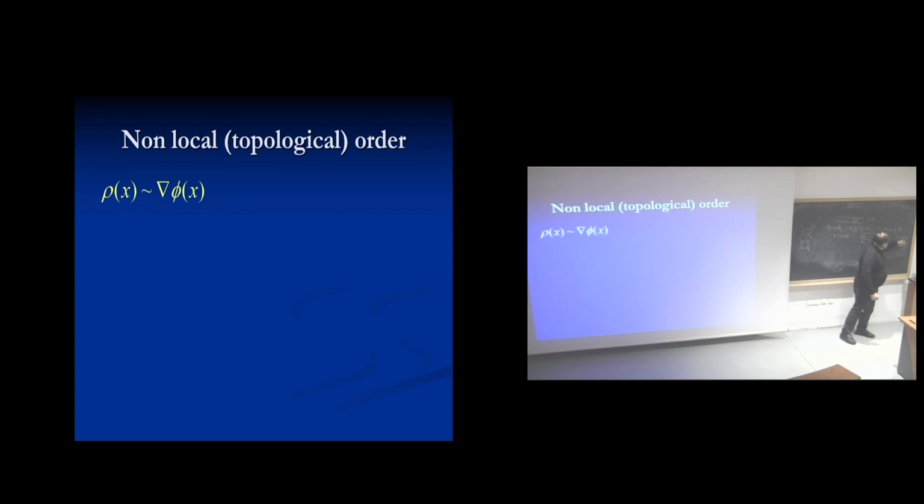So you only have access to cosine 2 phi. But if you have a non-local probe, you can remember that the density rho of x is sort of 1 over pi grad phi. So phi is the integral from minus infinity to x of pi times dy times the density rho of y. So you can measure this and check whether this is ordered or not.